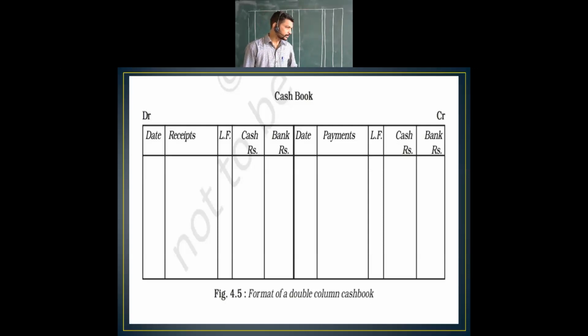Yes, sir. 4th September, purchased goods by check, amount is 12,000. 8th September, sales of goods for cash 6,000.